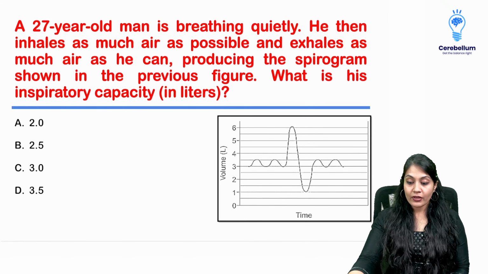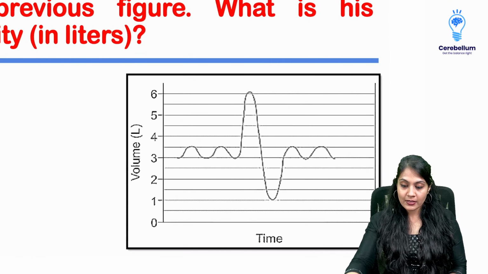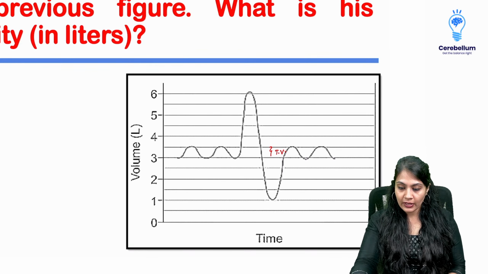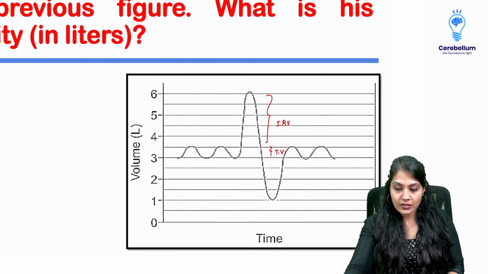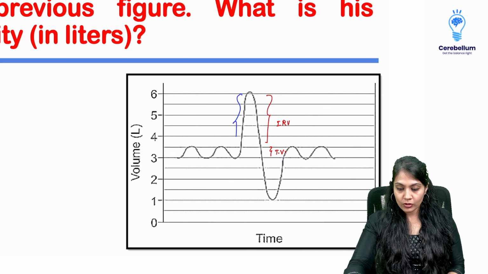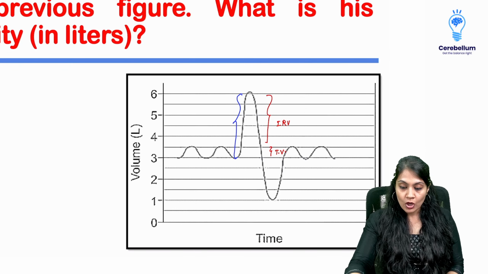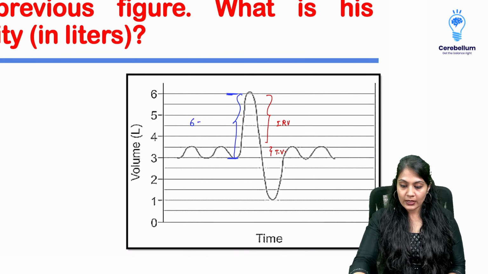So see over here, we already know what the inspiratory capacity is. This is the TV, right? So this is the TV and this is the IRV. When I combine the IRV plus TV, that will give me the inspiratory capacity, and that's what they have asked about. So see over here, 6 minus 3, that is 3 liters.